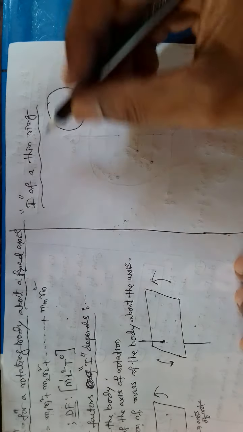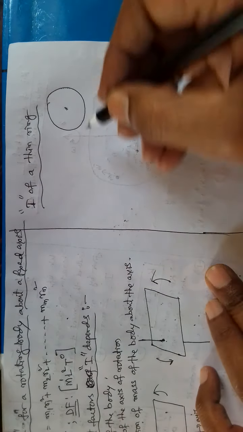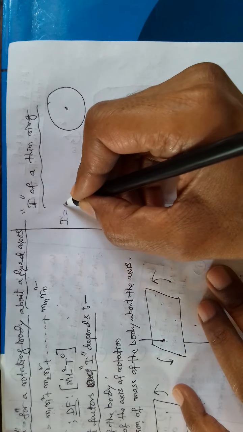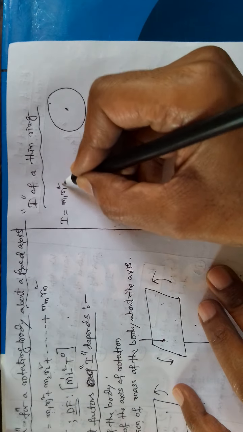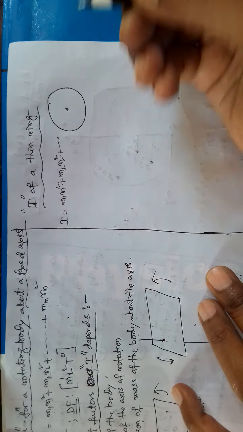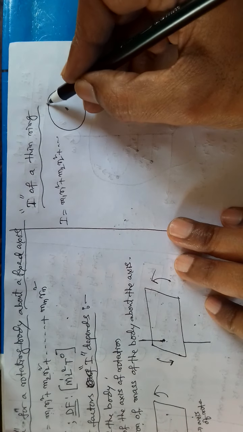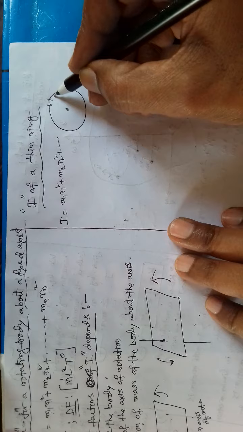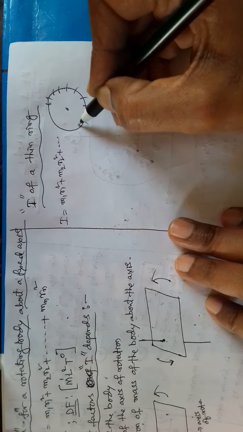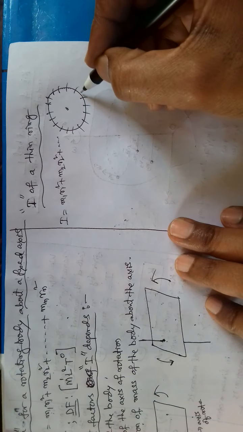Let us find I value for a thin ring. See how we defined I value? M1 R1 square plus M2 R2 square plus so on. In this way we defined I. Now let us divide this into several equal segments.